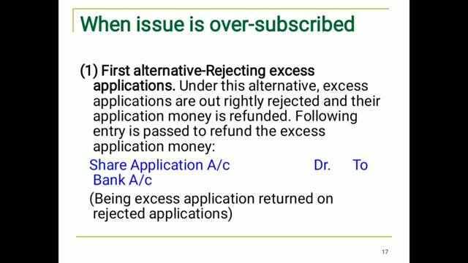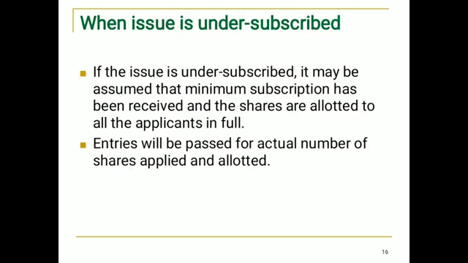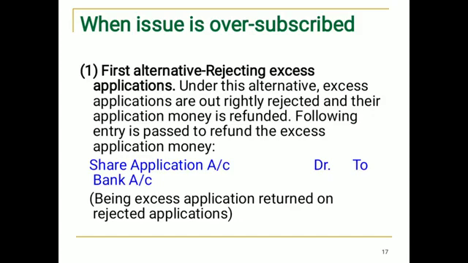This is the excess application money returned on rejected applications. So we are clear with the topic of undersubscription and oversubscription. Here we have learned a new journal entry, which covers the rejection and refund of excess applications.